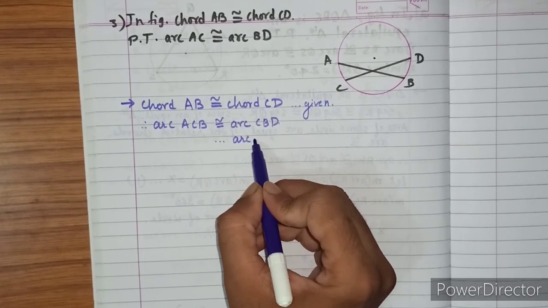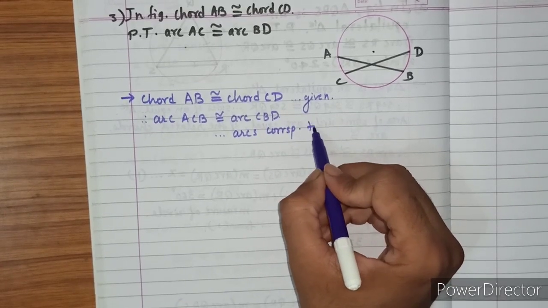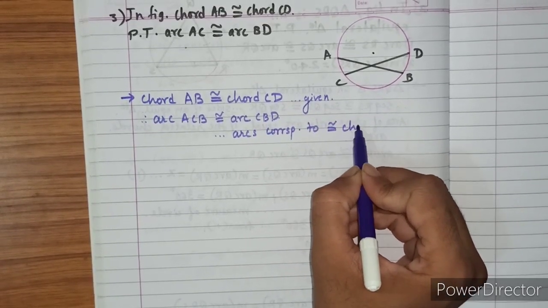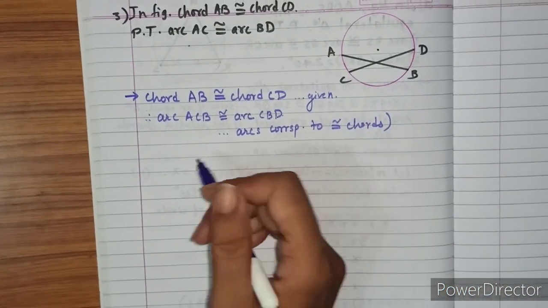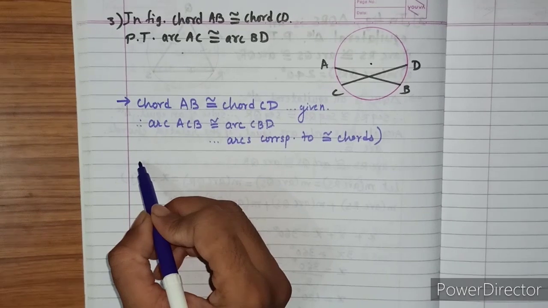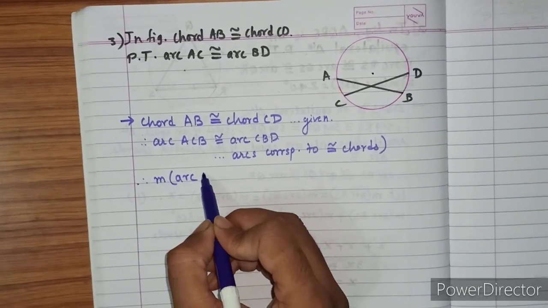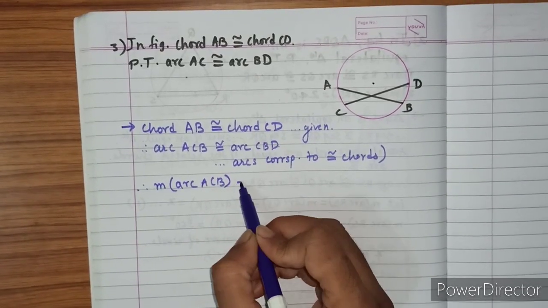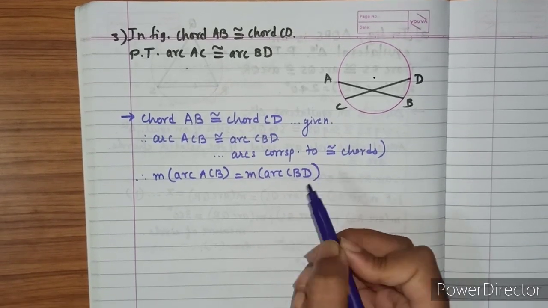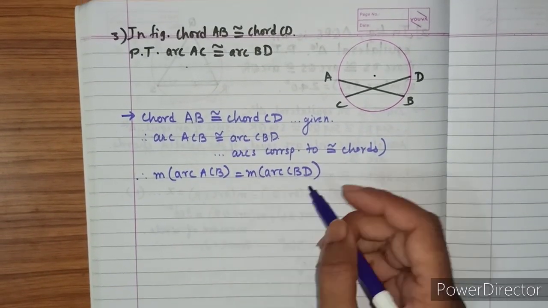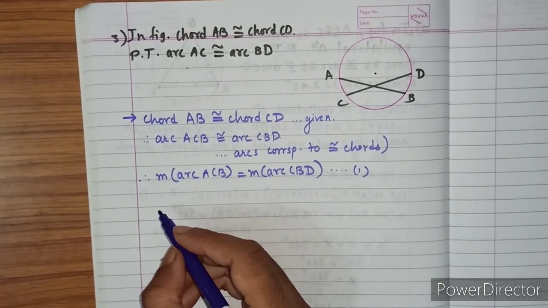Because they are arcs corresponding to congruent chords. Right? This is the reason. If this is so, I can write that measure of arc ACB will be equal to measure of arc CBD, because they are congruent arcs now. So their measures will also be equal. Let this be 1 because I need it afterwards.